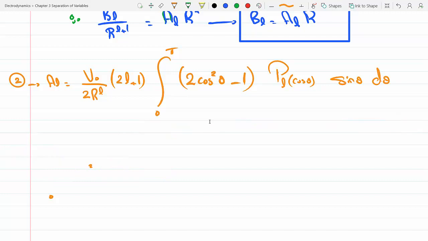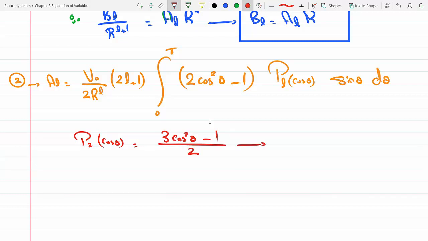I'm gonna turn this cosine squared into a Legendre polynomial. Okay, I know that my second Legendre polynomial P2 of cosine theta is equal to 3 cosine squared theta minus 1 over 2.